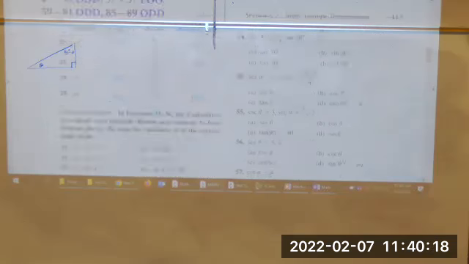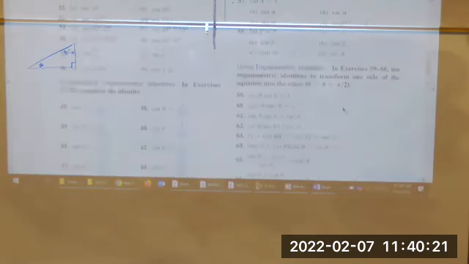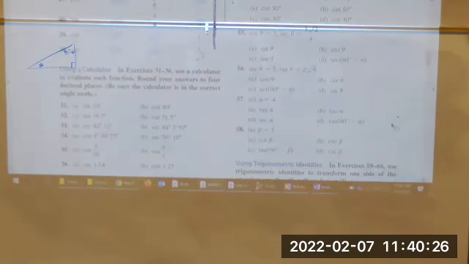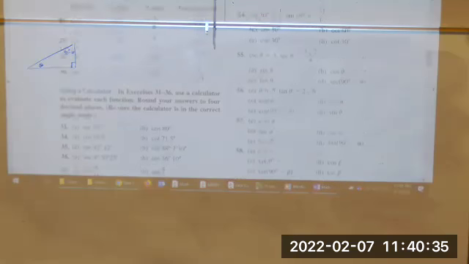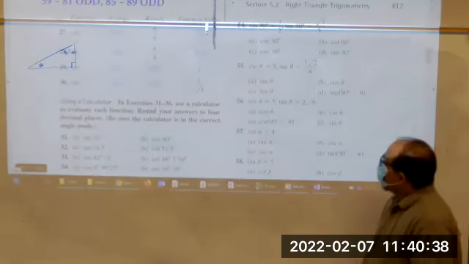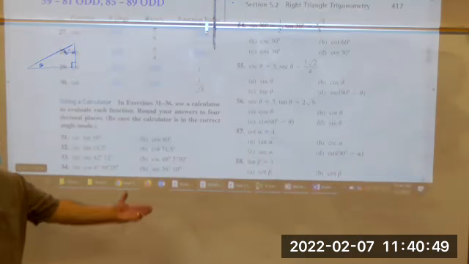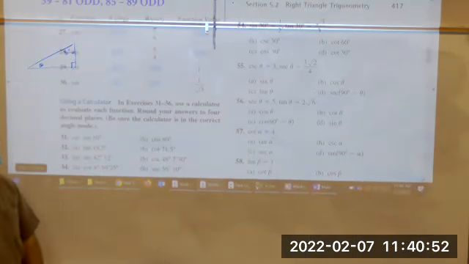We left out 51, so skip 53, 55. Just looking at 55 right here. What is A? You should be able to do A in 3 seconds. One-third. What is B? What's part B? 4/3 square root 2.